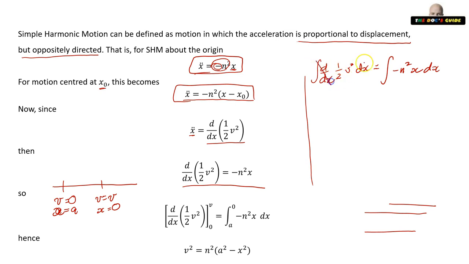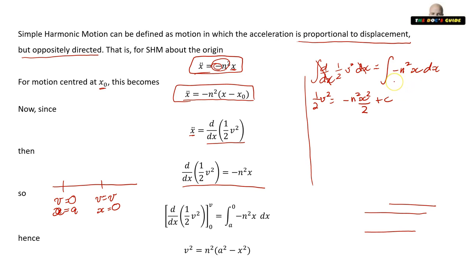So the integral of the differential cancels out, and we're just left with a half v squared, and the integral of minus n squared x becomes minus n squared x squared on 2, and we have plus c, our constant.